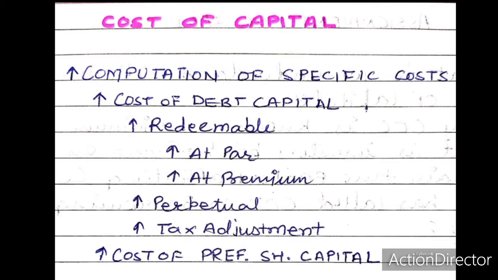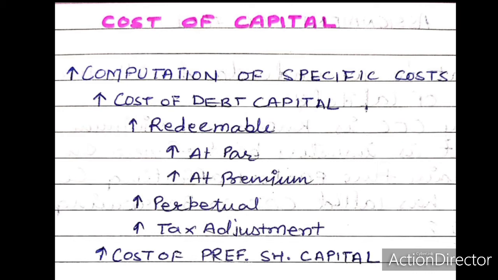The following formula is used for it. KD equals R plus MV minus NP divided by N, whole divided by MV plus NP by 2, and multiplied by 100, where KD is cost of debt, MV is maturity value of debt, NP is net proceeds, N is number of years to maturity, and R is annual interest payment.